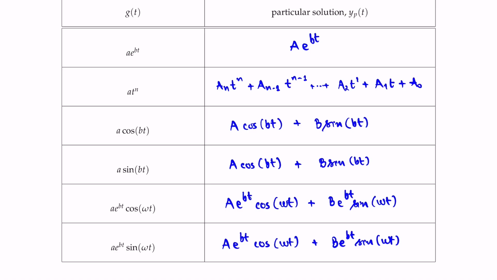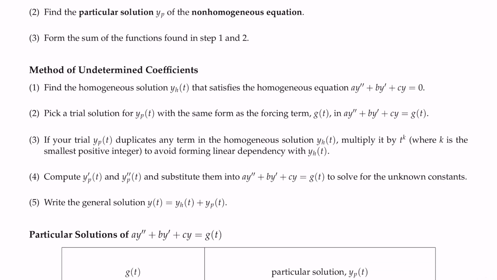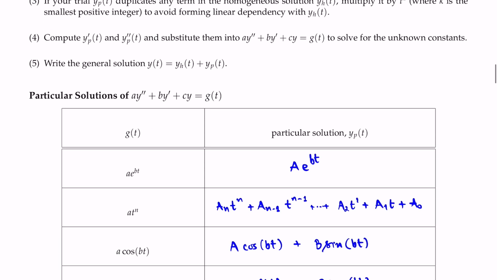So what is the procedure to get the particular solution and then find the general solution of the differential equation? The first step is to find the homogeneous solutions satisfying the homogeneous equation. Then you pick a trial solution y sub p with the same form as the forcing term. This is again some of the forcing terms that you may encounter.